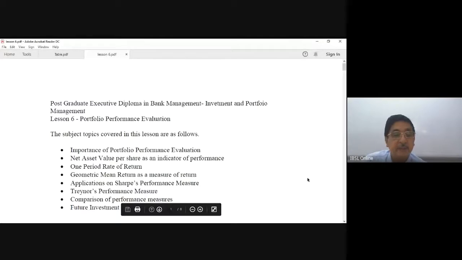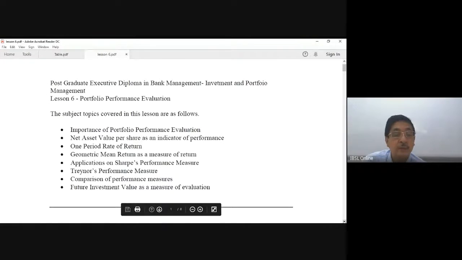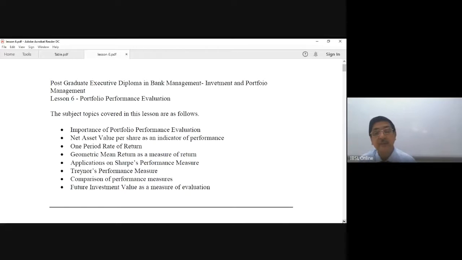So the lesson is captioned as portfolio performance evaluation, and we will discuss these topics under the lesson. The first thing is the importance of portfolio performance evaluation. Then net asset value per share as an indicator of performance. That is the first theoretical performance measure.